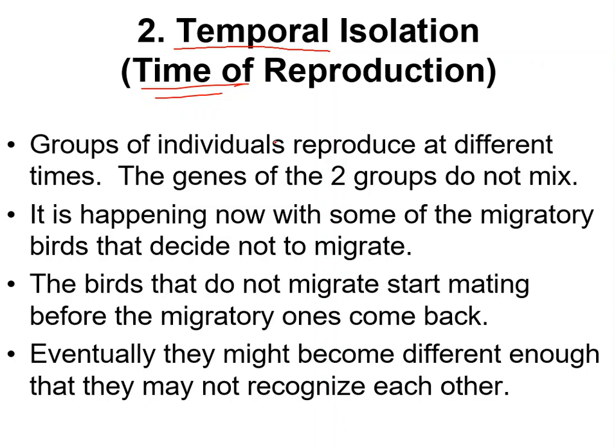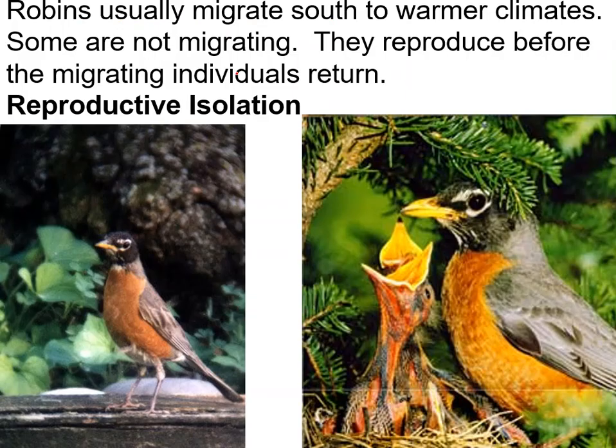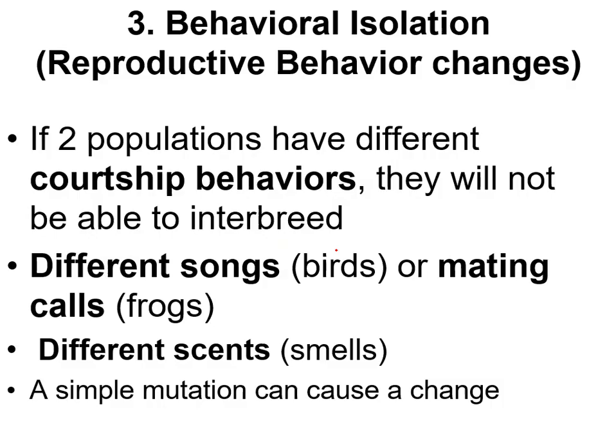It could be midnight or noon. Humans can reproduce with each other whenever we want. So this doesn't really apply to humans, but it does apply to a lot of other species. It's very common in birds that have distinct mating seasons, even mating locations. This is part of the reason why they migrate, because certain areas are where their nests are and where the food resources are. Also very common in frogs, toads, and other amphibians.